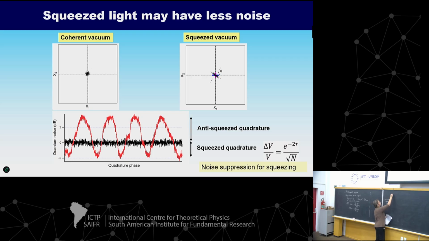So now we're going to mix it on a beam splitter with the local oscillator. And we're going to detect, of course, the outputs from this mixing. So this arrangement is called homodyne detection.